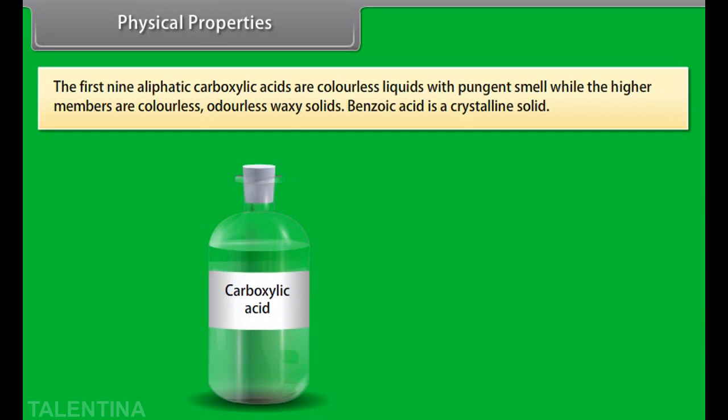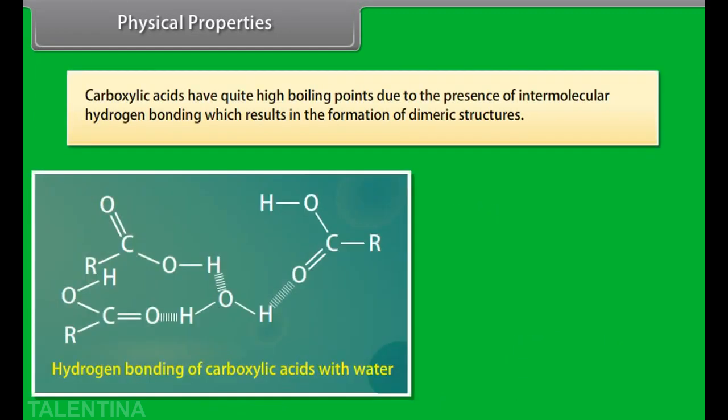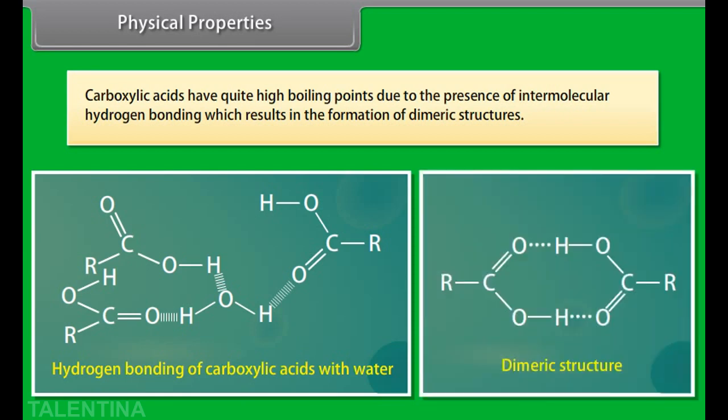Physical properties. The first nine aliphatic carboxylic acids are colorless liquids with a pungent smell, while the higher members are colorless, odorless, waxy solids. Benzoic acid is a crystalline solid. Carboxylic acids have quite high boiling points due to the presence of intermolecular hydrogen bonding, which results in the formation of dimeric structures.